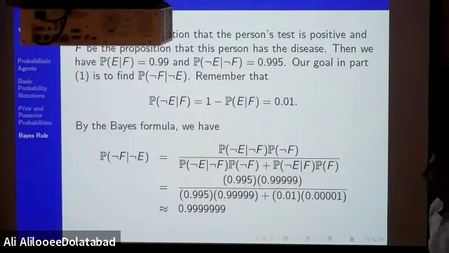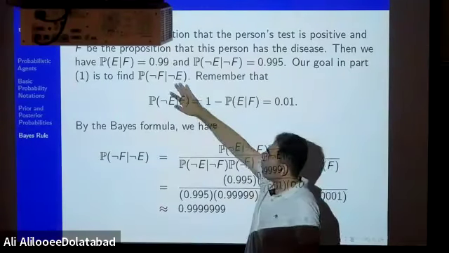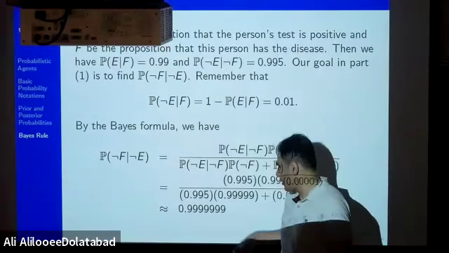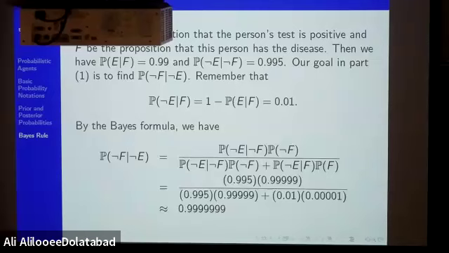As you can see, my goal here is to find the probability of negation of F given negation of E, which means that if the test comes negative, what is the probability that the person doesn't have the disease? That's the probability that we have. And it's a very high chance.